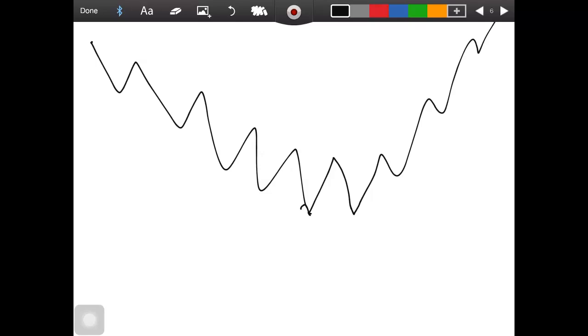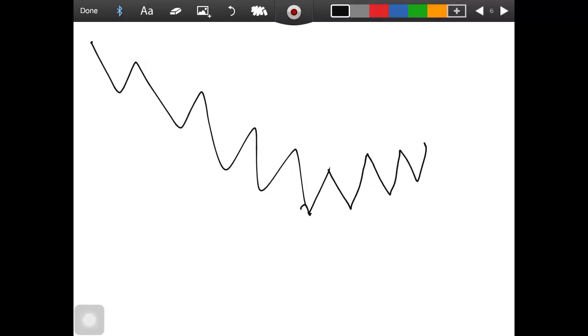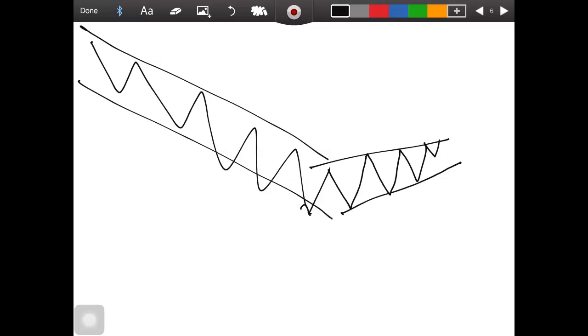Okay, but once you see that the reversal is being very, very difficult, and you start seeing something like this, it's going back up, but it's not going back up much. Your mind should immediately tell you that this is not a reversal but a correction.